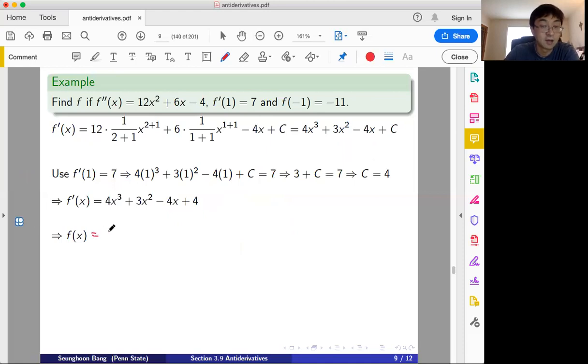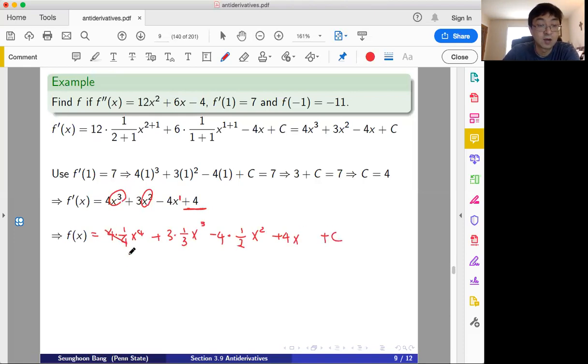Find the antiderivative. 4 times the antiderivative of x cubed is 1 over 4 x to the 4, plus 3 times the antiderivative of x squared is 1/3 x cubed, minus 4 times the antiderivative of x to the 1 is 1 over 2 x squared. The antiderivative of positive 4 is 4x plus c.